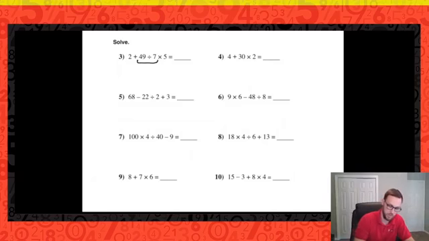Very nice, which is 7. I'll go ahead and rewrite the rest of our problem here. So now what's next? Do we want to add or multiply? Yep, we're going to multiply. 7 times 5 is... 7 times 5 is what?